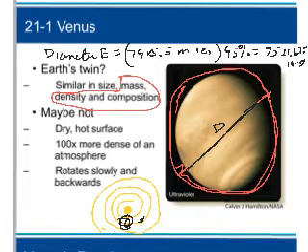Because they formed so close to one another, their composition is relatively the same. They were grabbing at the material closest to each in order to grow and form. Since they were built out of the same sandbox, they have very similar mass, density, and composition.